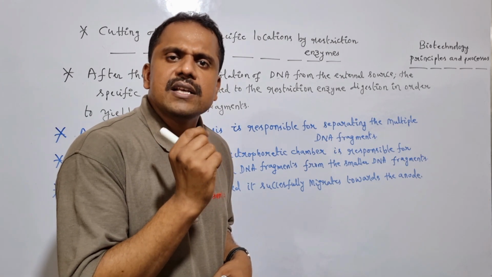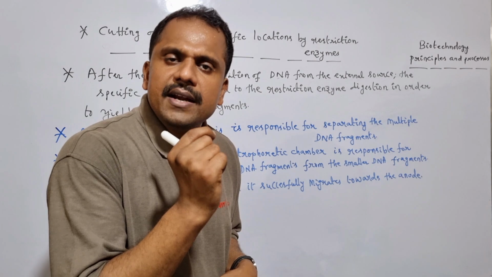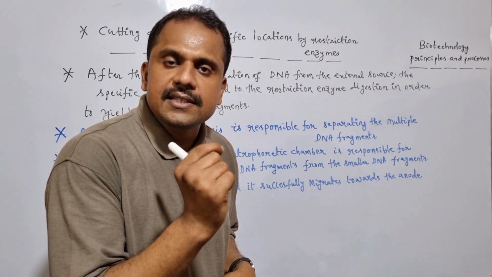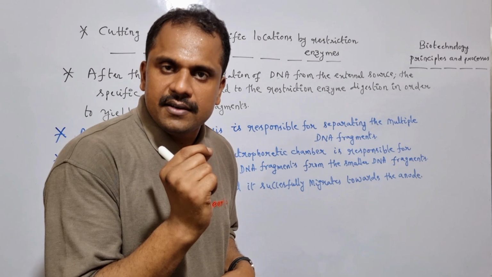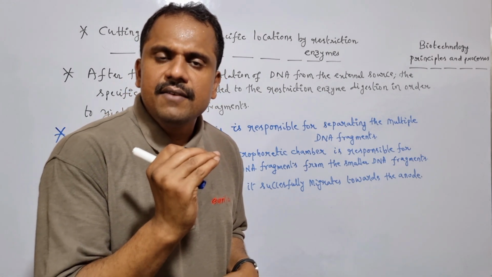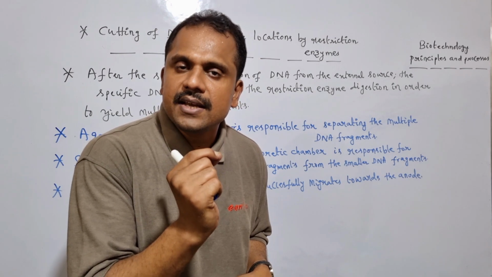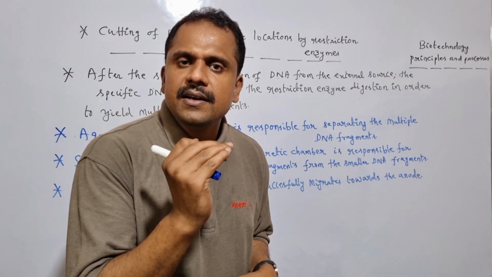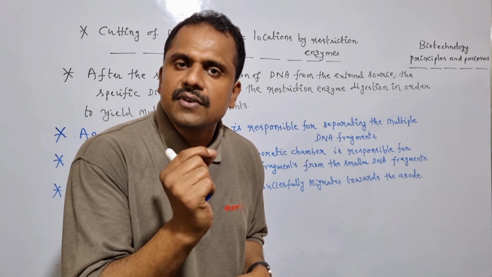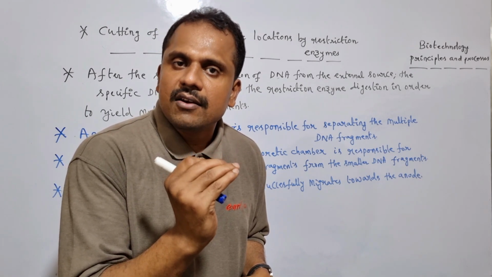So here, once the specific vector DNA is successfully cleaved by taking the advantage of restriction enzyme, now here we can insert the specific DNA fragment. Is it clear? The specific DNA fragment which has been successfully obtained during the restriction enzyme digestion, that particular restriction fragment, can be successfully inserted into the vector DNA in order to form the recombinant DNA.